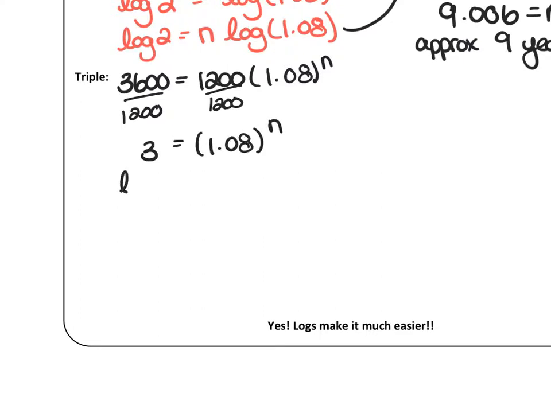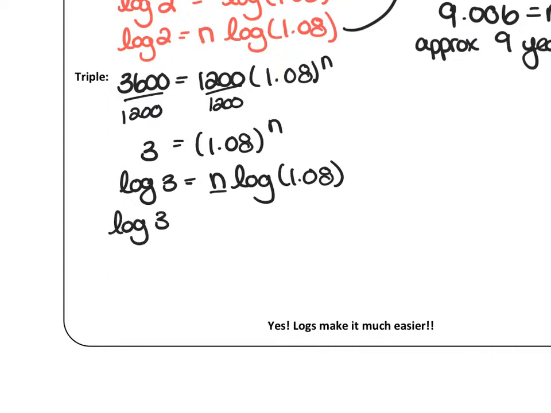Then we'll do the exact same thing. So it becomes log of 3 equals n times log 1.08. I skipped a few steps in this one. And then all we're going to do is divide just to get n all by itself.